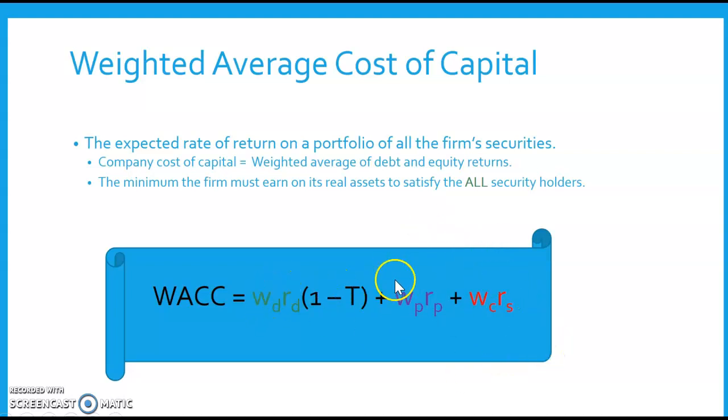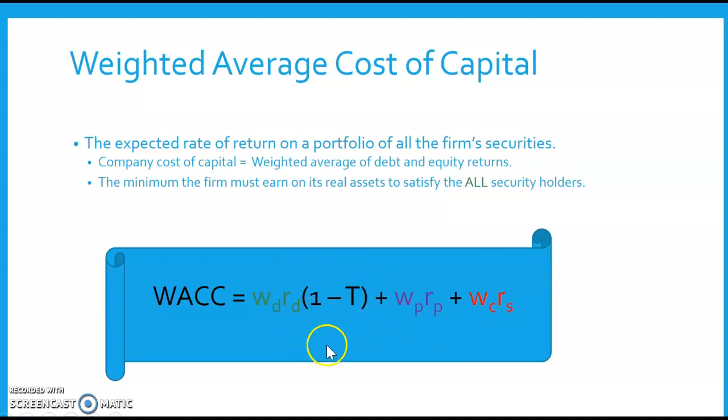So the R's are all of the costs. RD, cost of debt. RP or RPS, cost of preferred stock. RC or RS or RCS or RE, you'll see it listed all of those ways. Those are the costs of common stock or common equity.